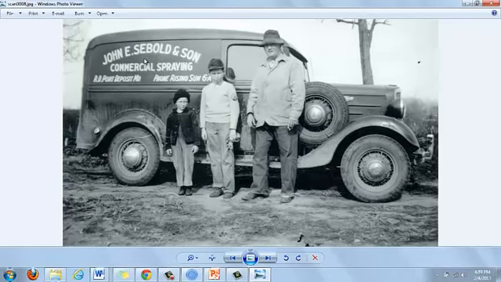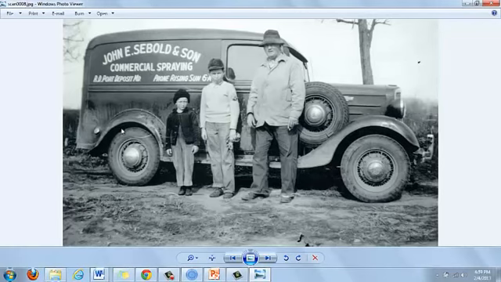You can tell that my grandfather had a commercial spraying business, which my father actually inherited and continued. They whitewashed barns for a living. Whitewash is lime and water, and it was a form of early sanitation.